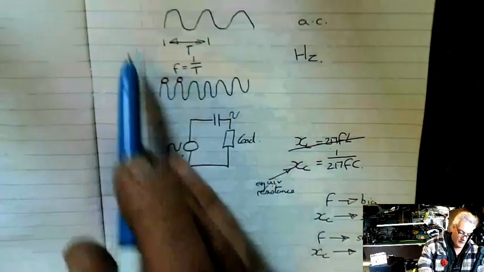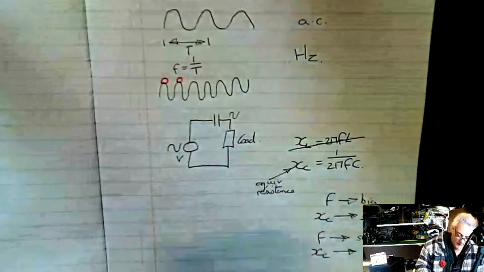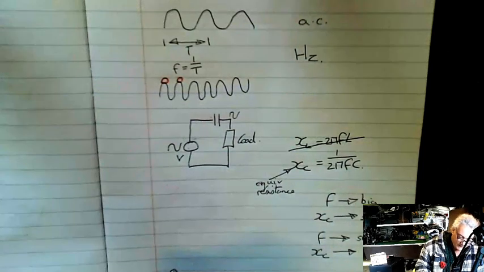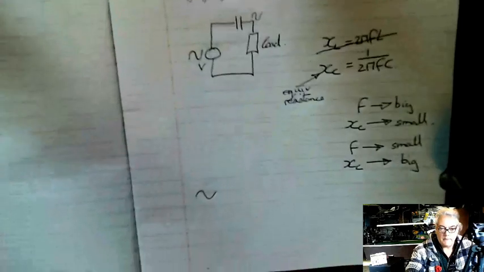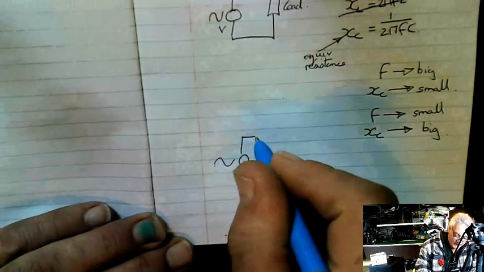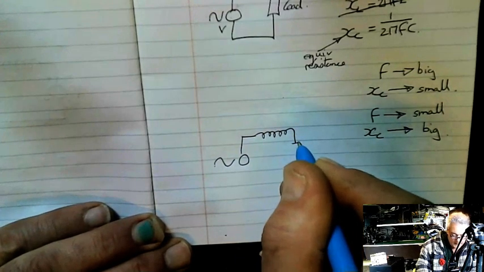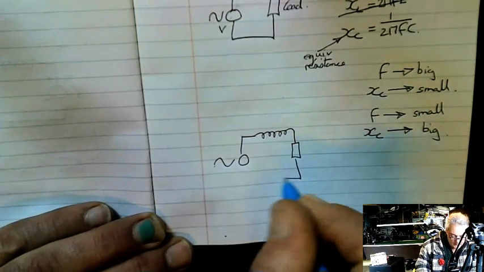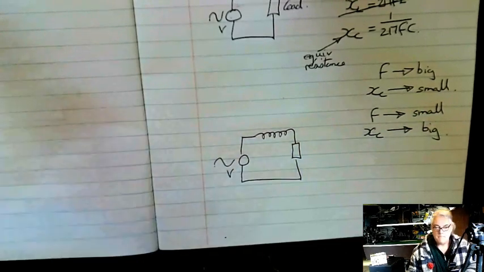So we've got the same argument for the AC waveform, but what we can do now is we can say, well, let's do the same thing. I'm just going to move up because you can't see at the bottom of the page. My tripod. So we've got an AC waveform, and this time we have an inductor. We have a load because we need a load to complete the circuit, and we've got V there.